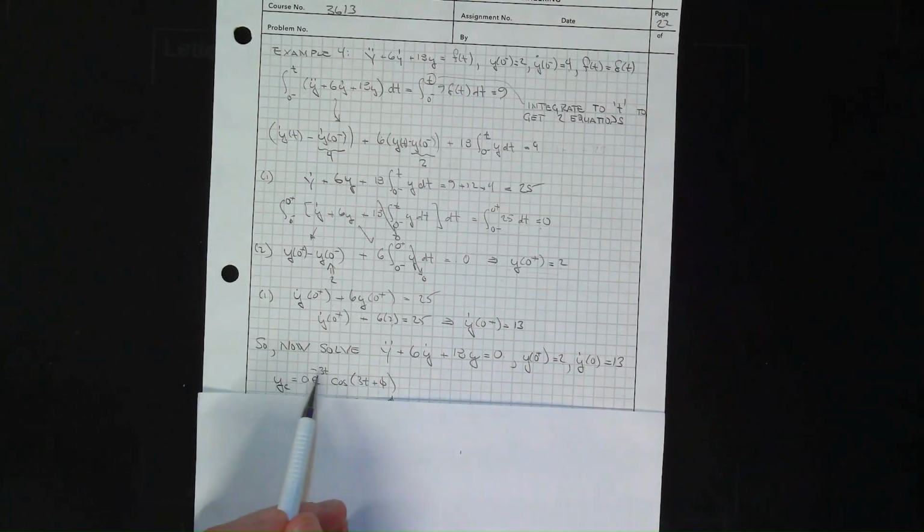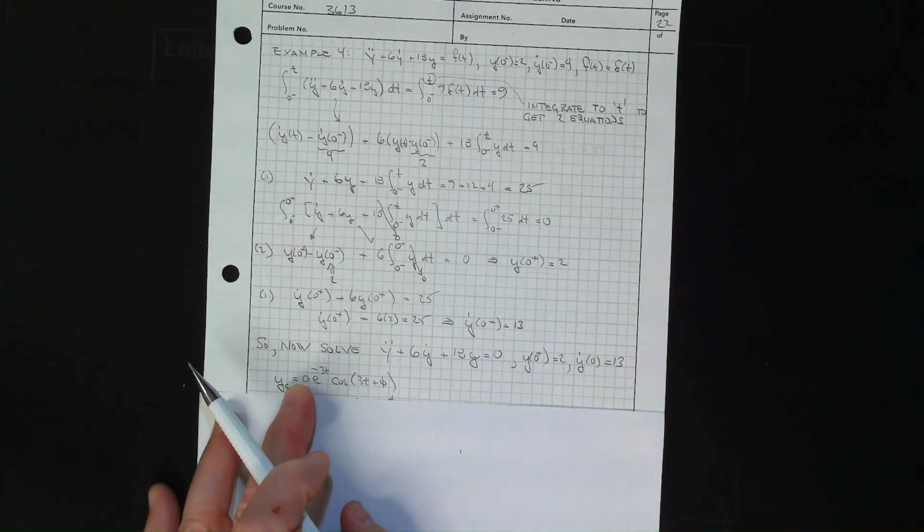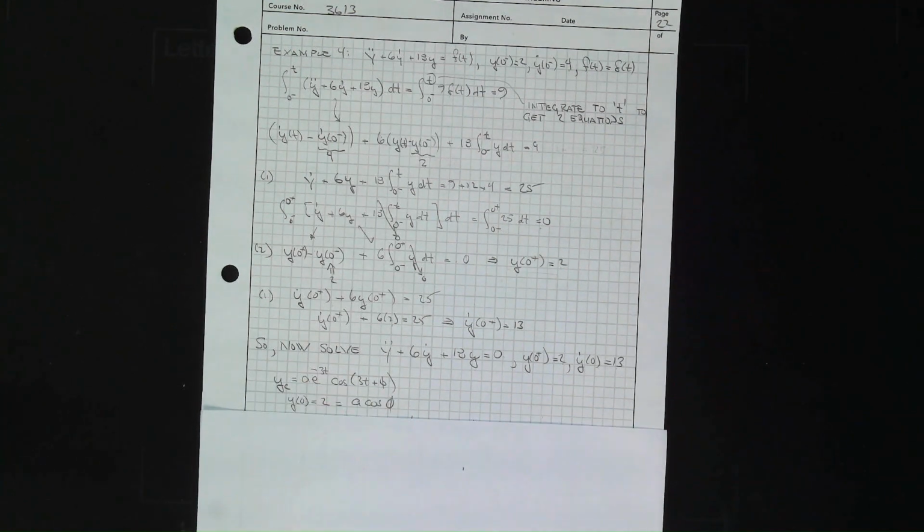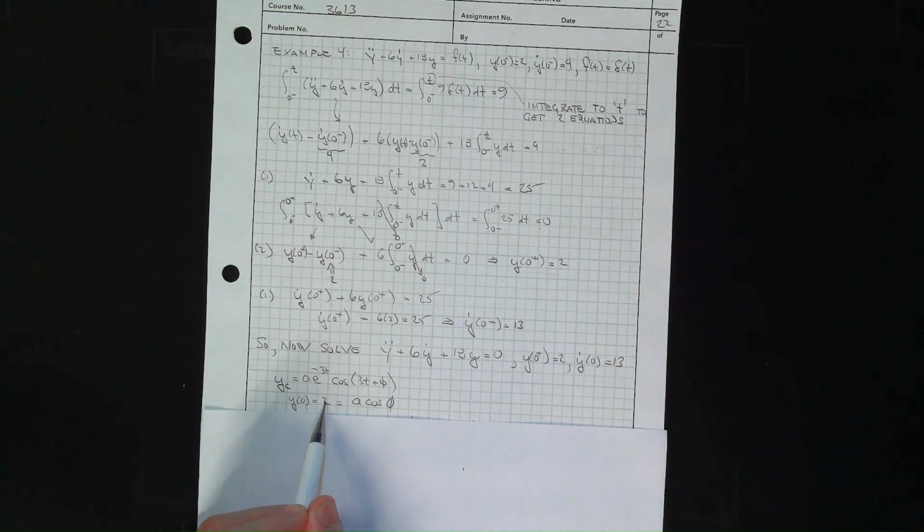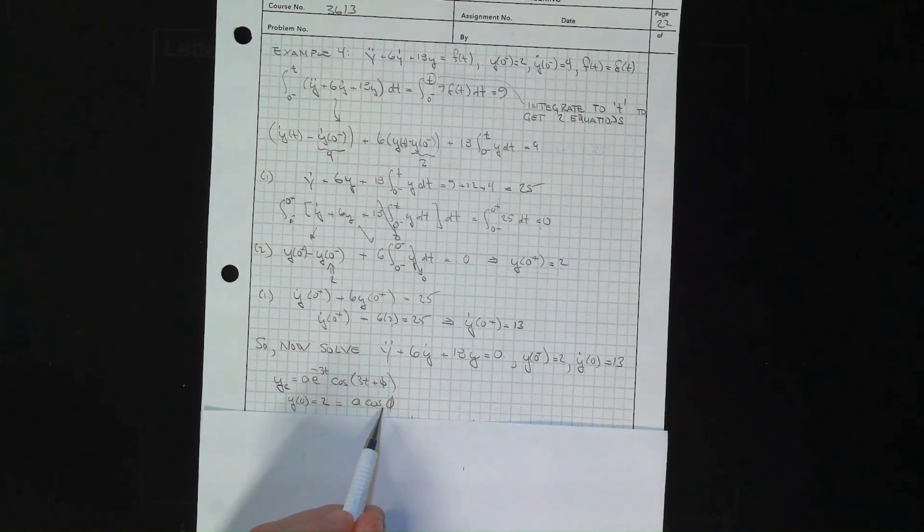And we just solve those in the usual way. So here's our complementary solution. Since we have complex roots, I'll just stay with the cosine. A e to the minus 3t cos of 3t plus phi. This is simply determined by, once we know the roots, we can pick our form. So I now set y of 0 equal to 2, and familiar solution, 2 equals A cosine theta.